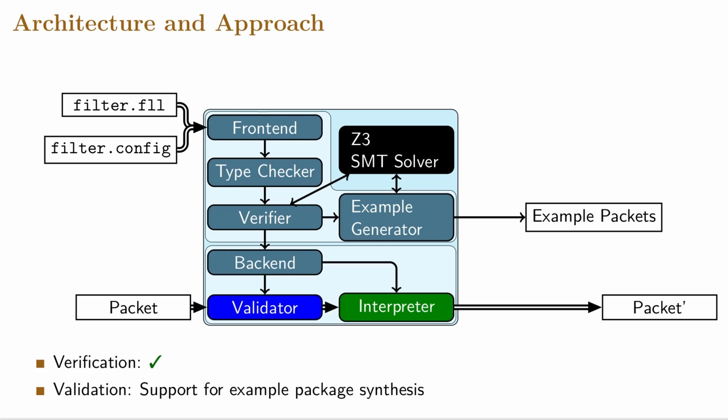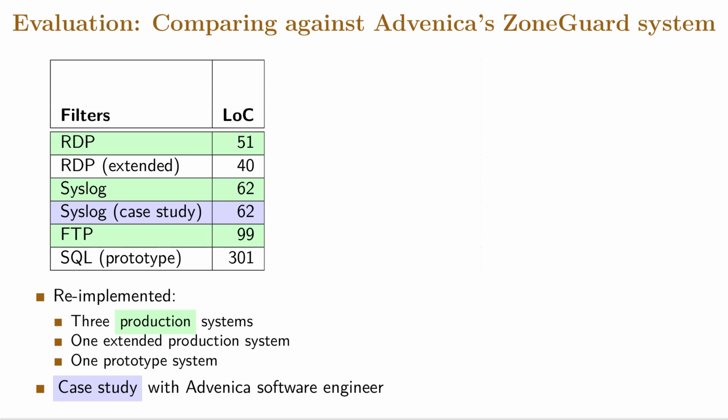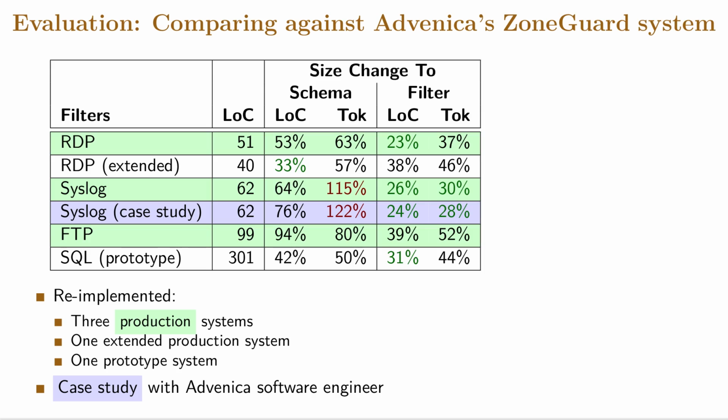To evaluate our approach, what we did was to sit down and re-implement several filters that the Advenica ZoneGuard system already supports. So the first author did all of this work, taking these filters. Here you see the lines of code of the original filters minus some boilerplate code. And we found that after translating them to our system, they were substantially smaller, both with respect to lines of code and with respect to numbers of tokens, especially as far as the filtering rules are concerned.